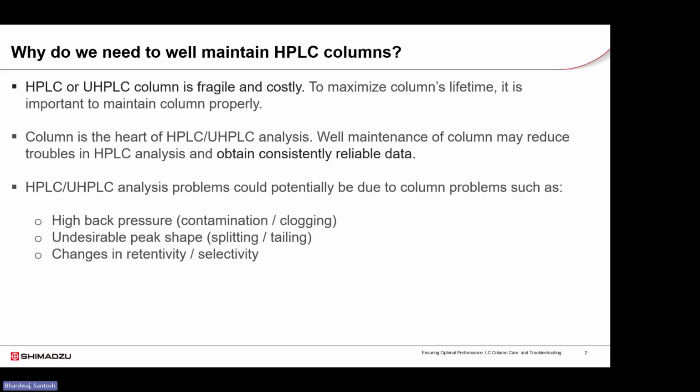Poor column maintenance can lead to high back pressure, system suitability failures, and frequent troubleshooting. This not only compromises the data quality but also consumes valuable time and resources. By following proper column care and maintenance practices, we can ensure consistent and reliable results, maintain regulatory compliance, and significantly extend the lifetime of the column.